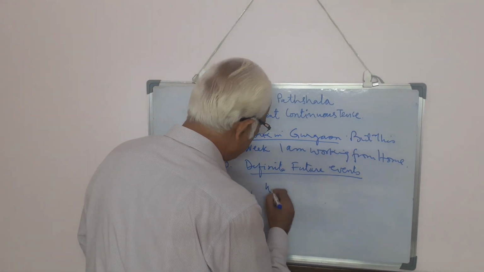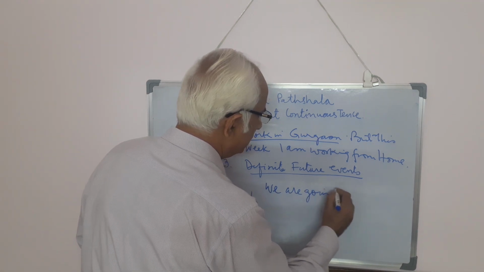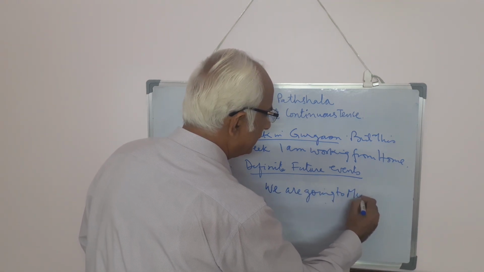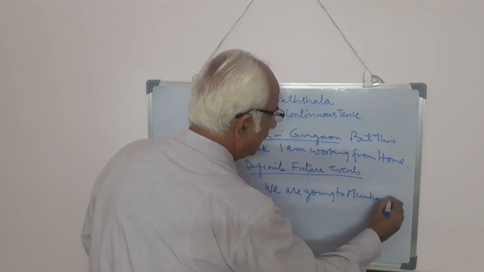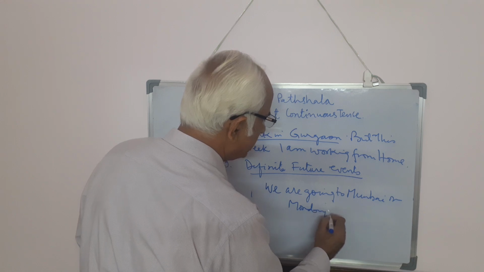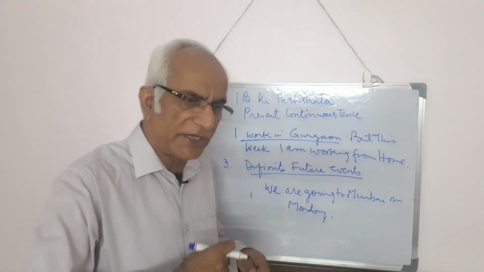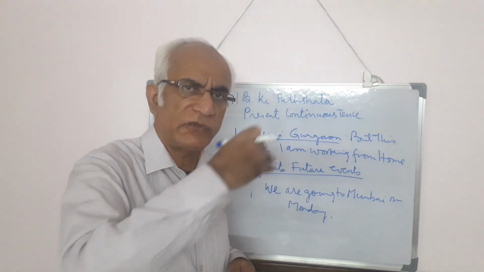For example, we are going to Mumbai on Monday. So let us say our tickets are booked and we will be leaving on Monday. Monday is yet to come. This will happen in future.